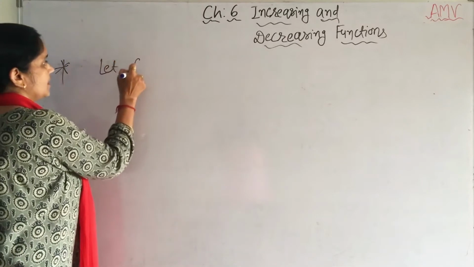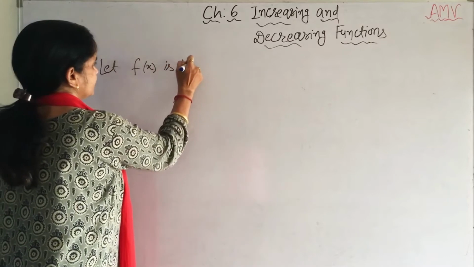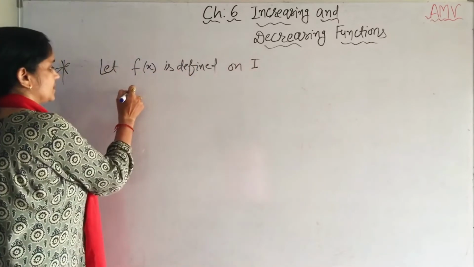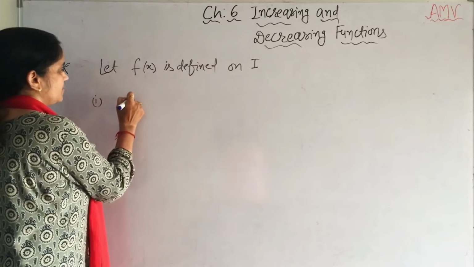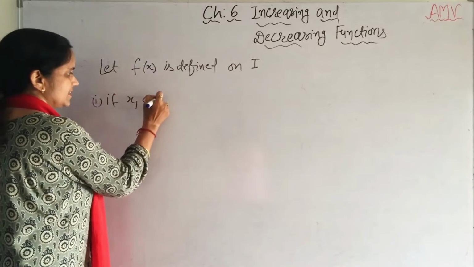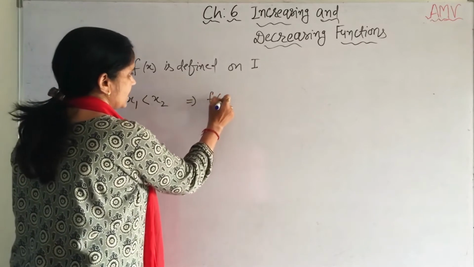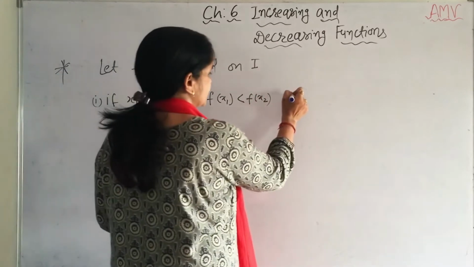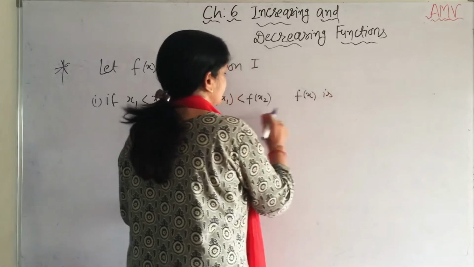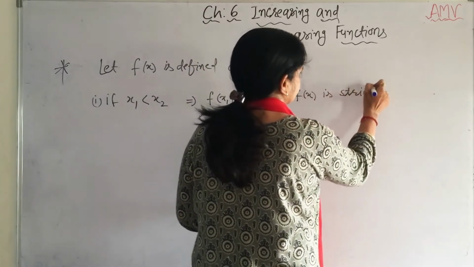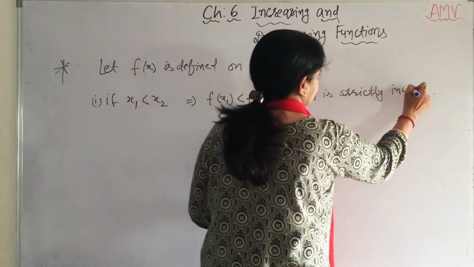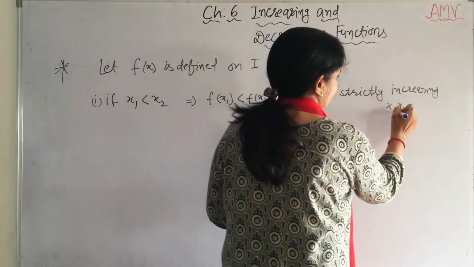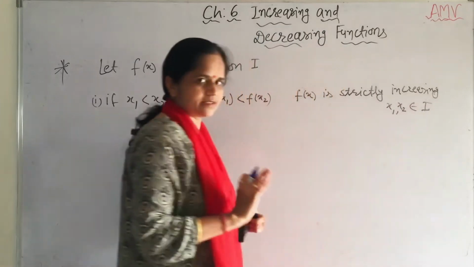Let f(x) be defined on interval I. Then first, if x1 less than x2 implies f(x1) less than f(x2), it means the function is strictly increasing in the given interval, where x1, x2 belong to I.